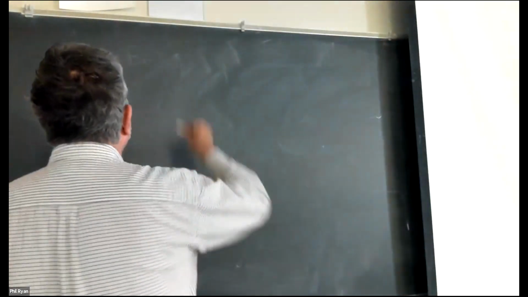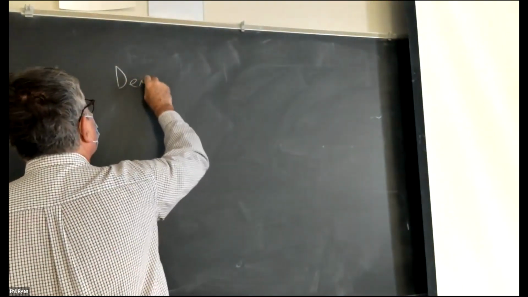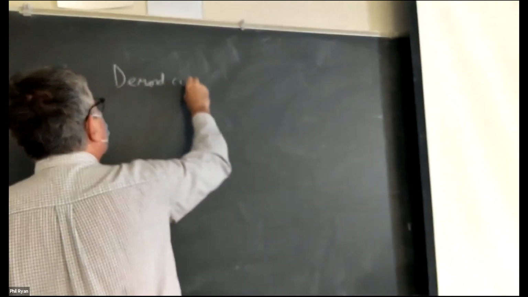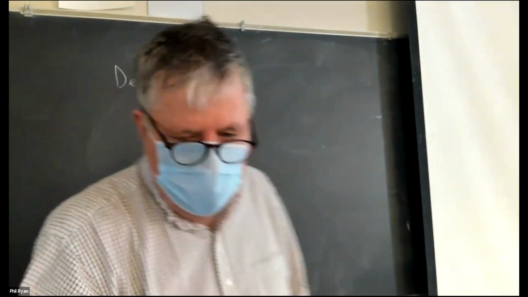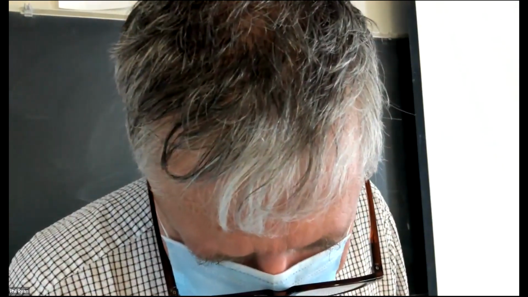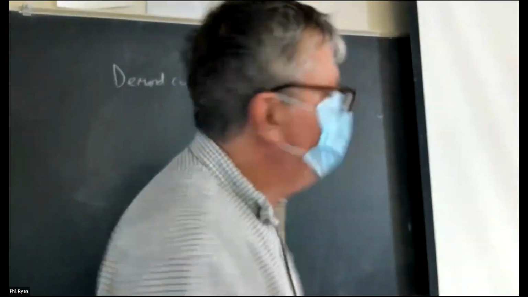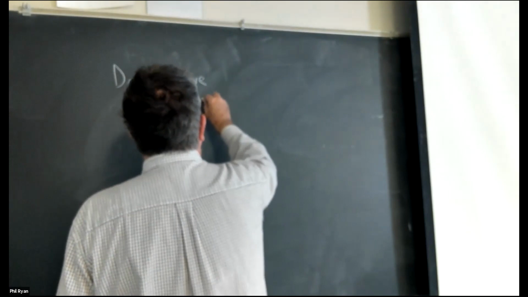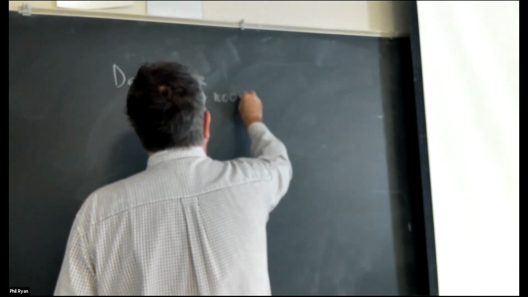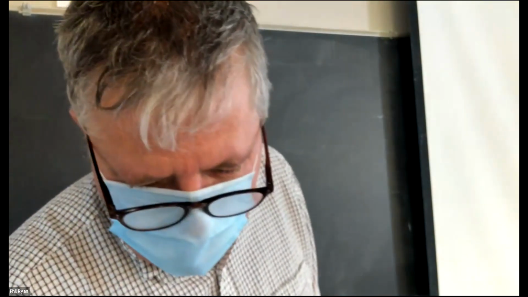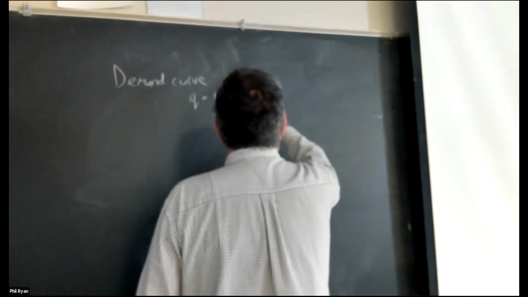A formula example would be if I give you a demand curve. So let's say our demand curve is Q equals 1,000 minus 2p squared.